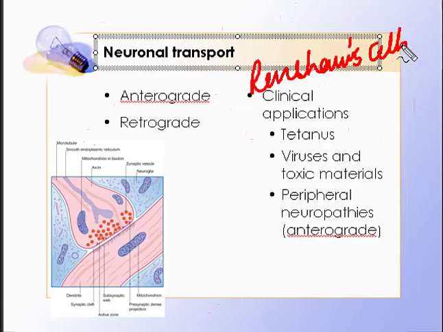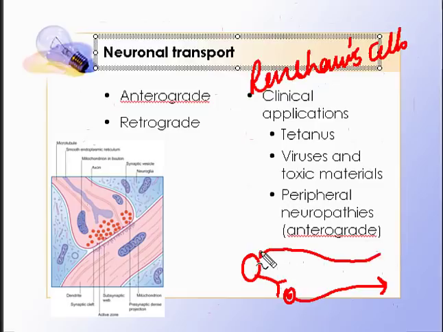The Renshaw cells are present in the spinal cord. So let's say that this is a Renshaw cell, present within the spinal cord. This Renshaw cell synapses on other cells which exit the spinal cord. So the tetanus toxin goes in, and it's particularly taken up by these Renshaw cells. And these Renshaw cells normally have what is known as a braking, or an inhibitory, action on these motor neurons.